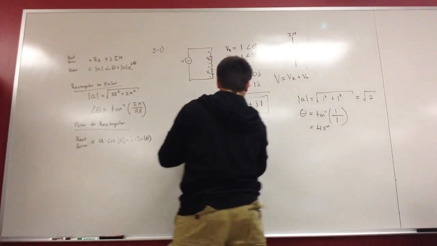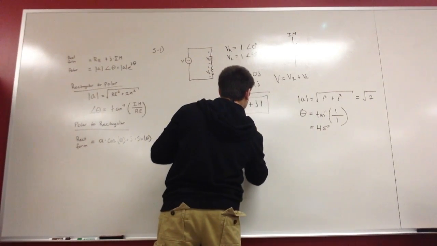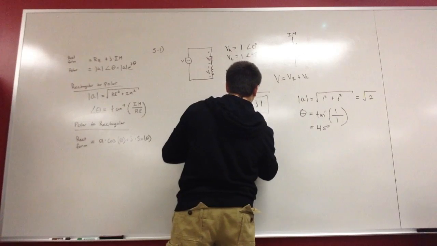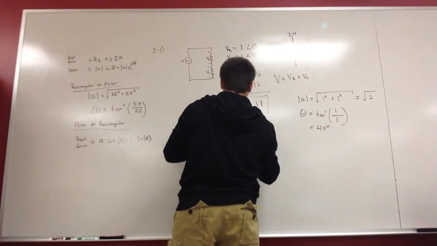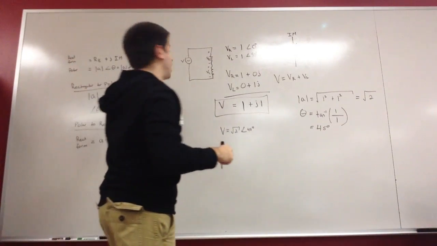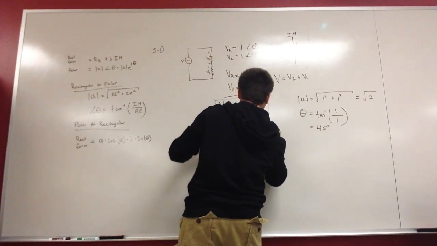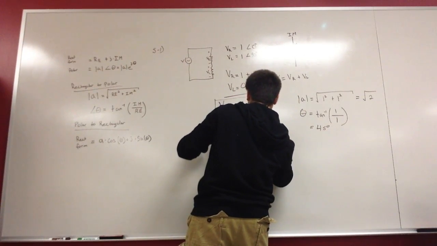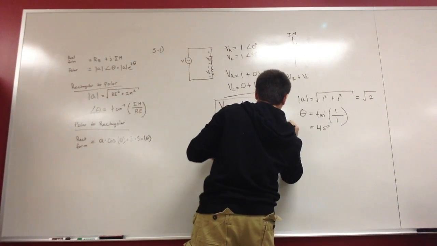So the polar form of V is going to look like the square root of 2 at an angle of 45 degrees. Or we can put it into an exponential form. I don't know if you went over this in class, but it will look like this: square root of 2 times e to the j 45 degrees.